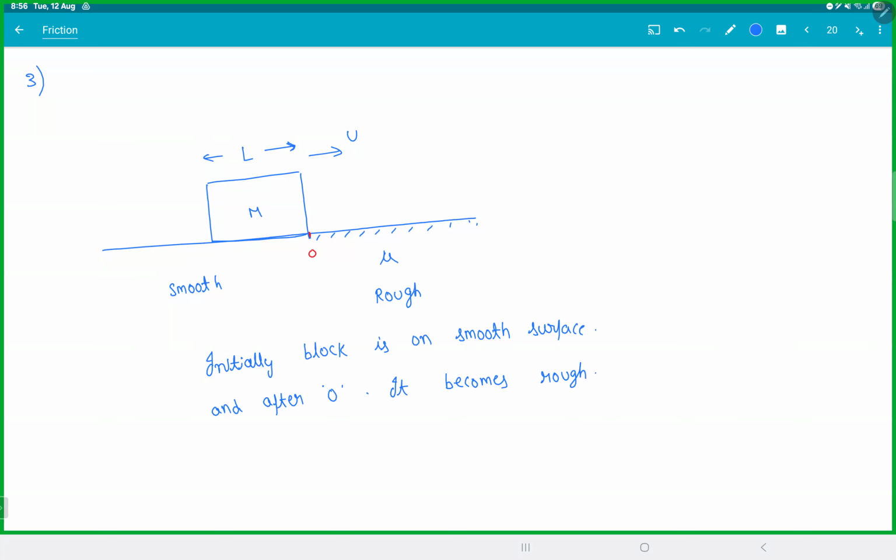So now if you kick this with speed U, assume it crosses into the rough region. Find the distance traveled by the block.